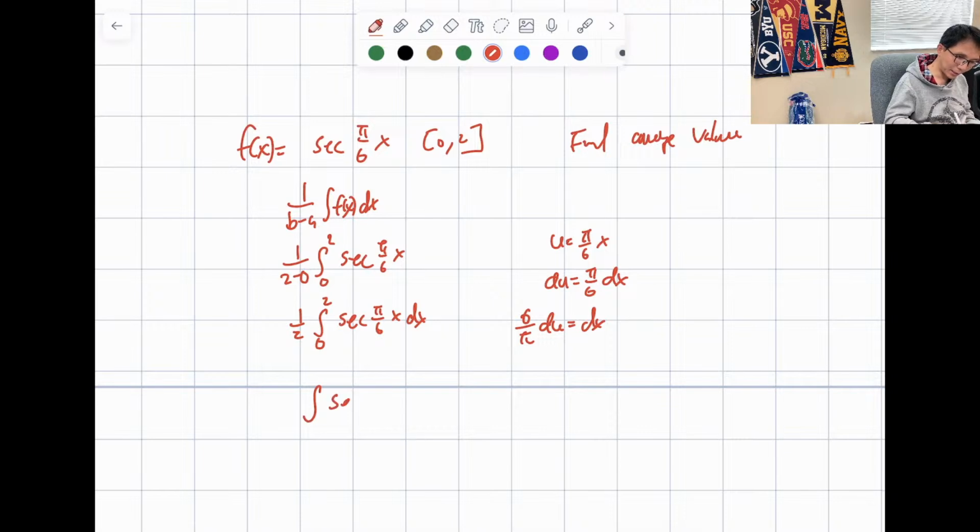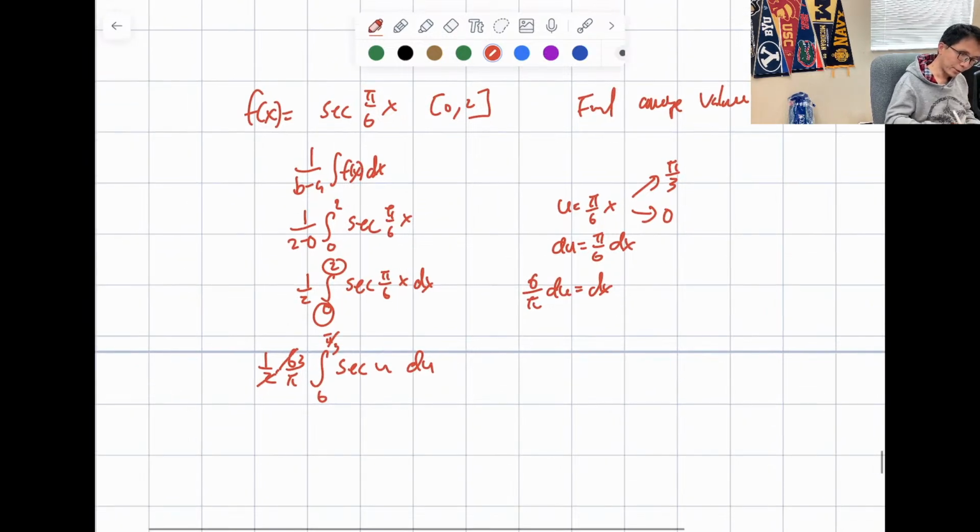That's going to be secant of u du, and this is 1/2, and this is 6 over pi, and that's 3. Now I'm also going to change the boundary, because the boundary is 0 to 2, and I don't like the x bound. I always change the u bound, and I'm going to stress that very, very often. So this becomes pi over 3, and this is 0, so it's pi over 3 and 0.